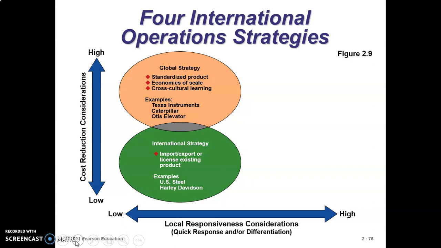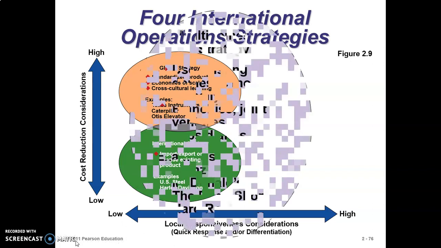To enter a certain country, they calculate the cost very carefully, to see how to go for a low cost. If they enter Malaysia, Malaysians want the product but at a cheap price. That is a global strategy.